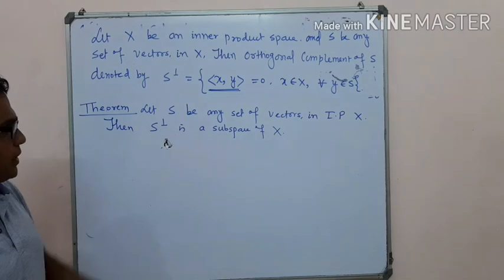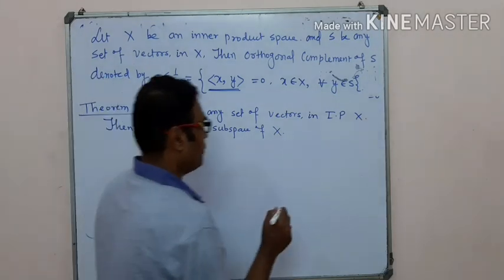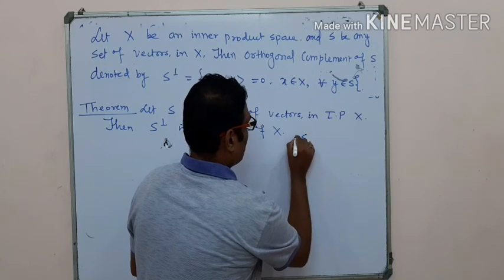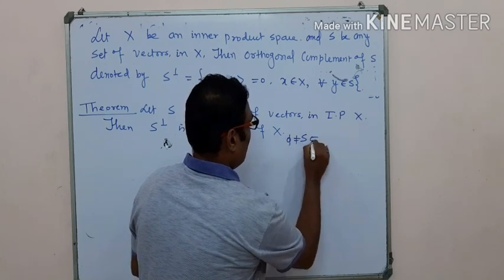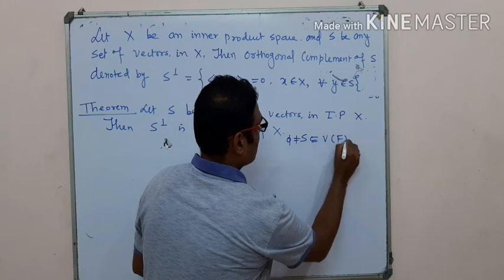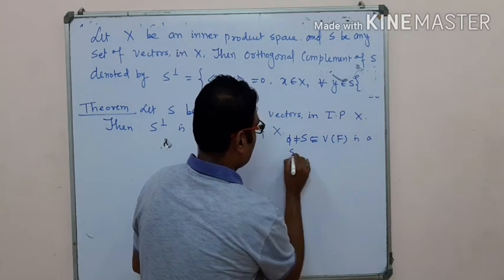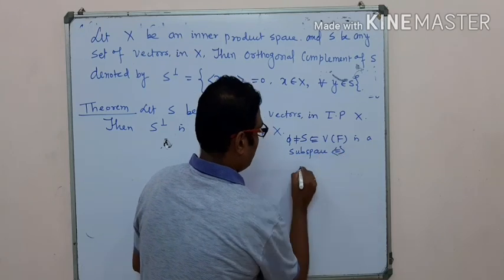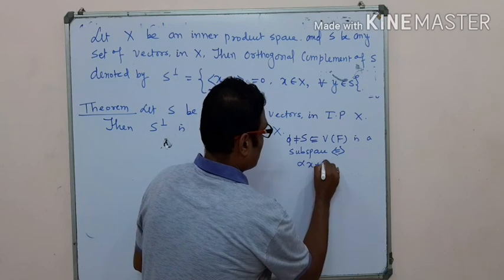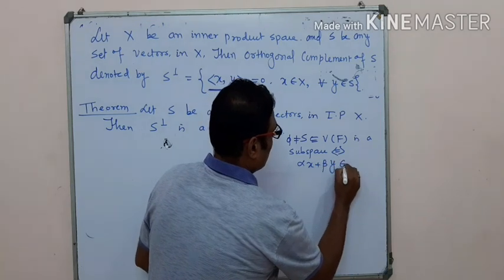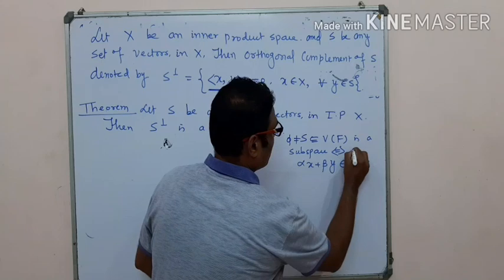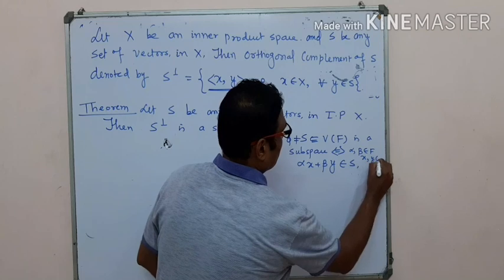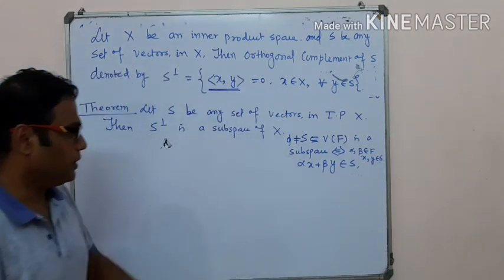Now we prove that it is a subspace of X. We recall the definition of the subspace. A non-empty subset S of a vector space is a subspace if and only if alpha x plus beta y belongs to S, provided alpha and beta belong to the scalar field and x and y belong to S. We recall this definition.